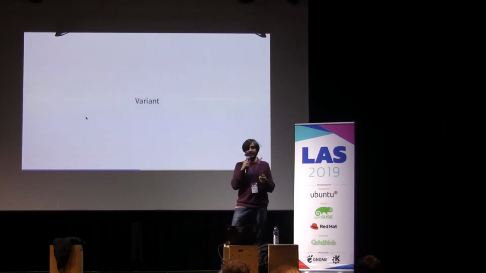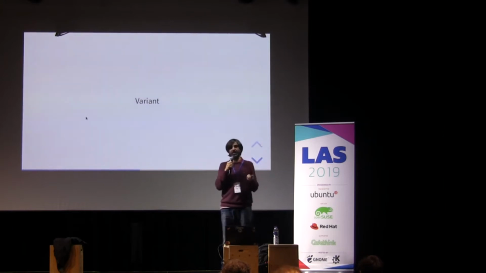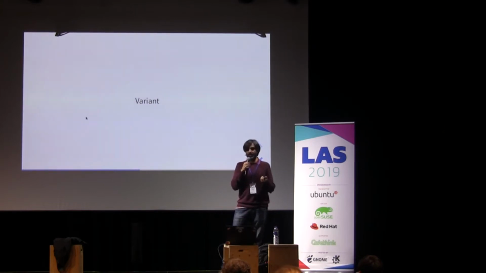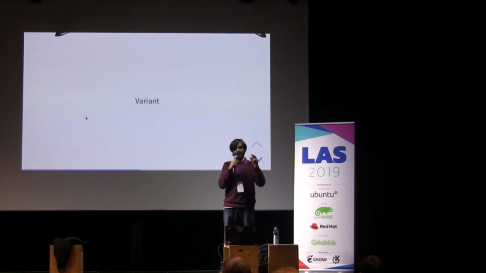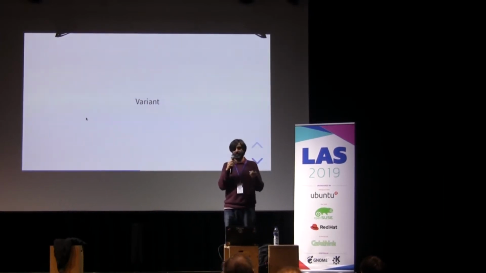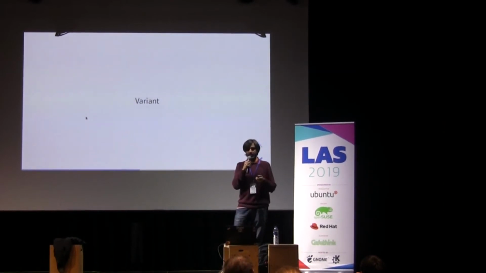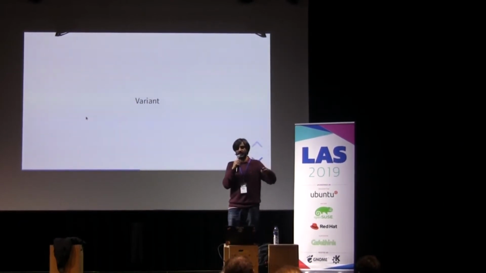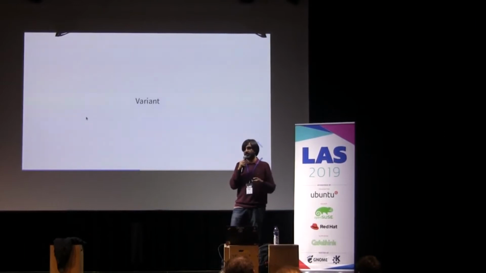It's called the variant data type, which is a generic data type in ZBus, which means you have the signature of the data that you have inside and the actual data in there. So you can put any kind of data in this variant. If you want to transfer any data in a generic way, you put it in a variant. So that's the low level. It seems pretty simple, right?